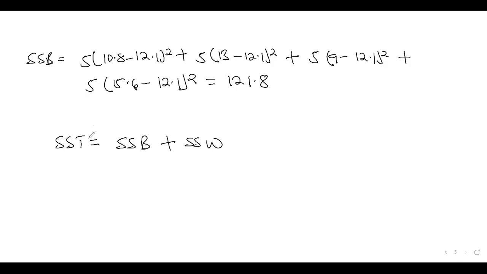So always in every question, you compute the sum of squared total, and then you compute the sum of squared between. When you subtract, you get sum of squared within. So technically, sum of squared within is sum of squared total minus sum of squared between.